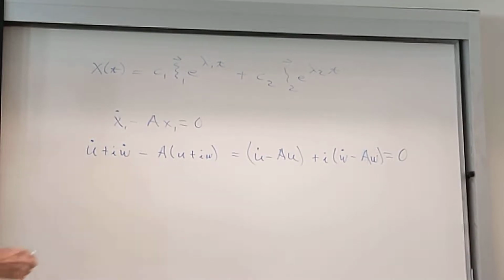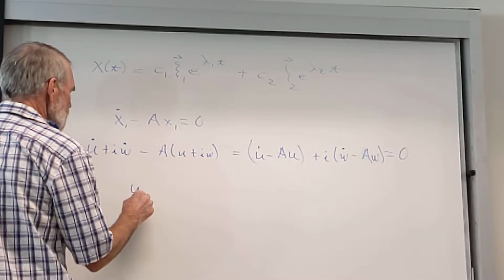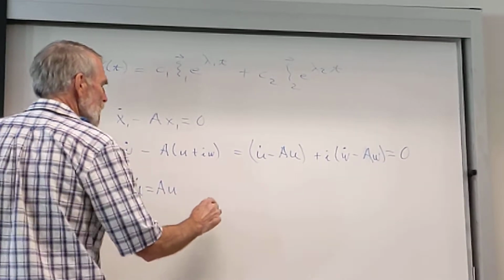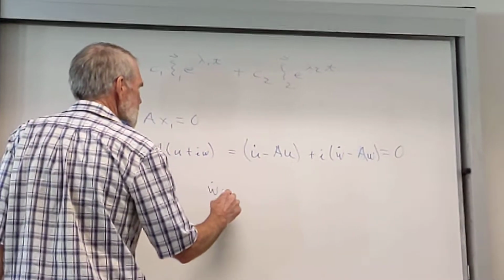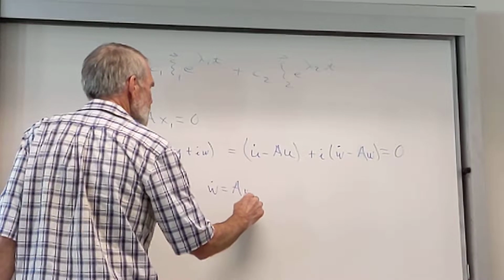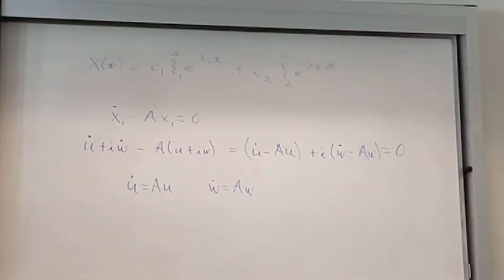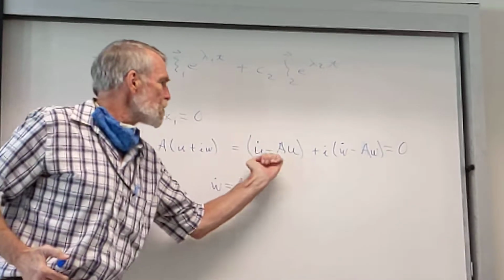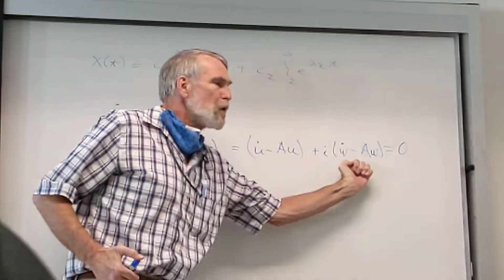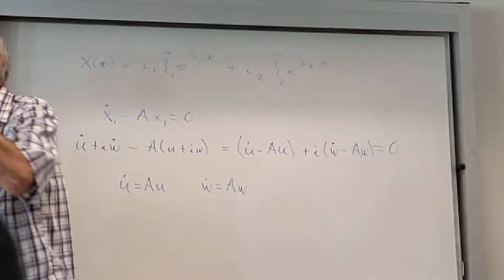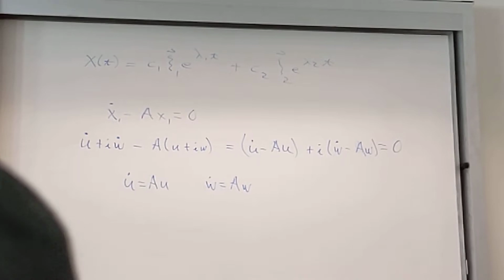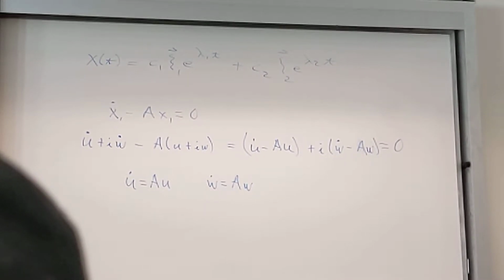What does that tell me? It tells me that u dot must equal Au, and w dot must equal Aw, because this part is purely real, this part is purely imaginary, and 0 means it has to have 0 real part and 0 imaginary part.